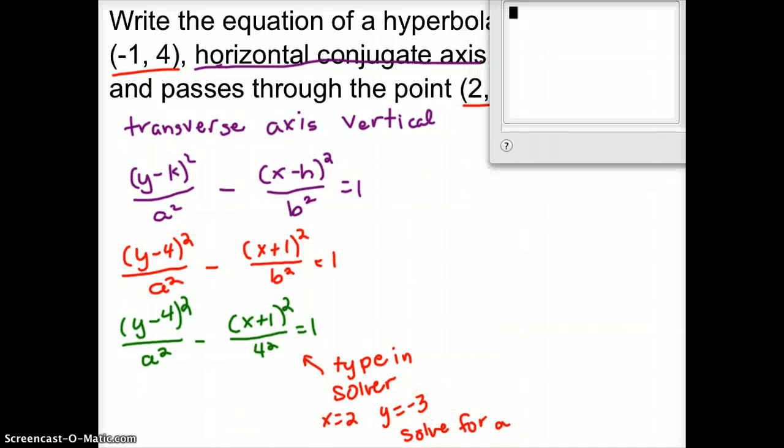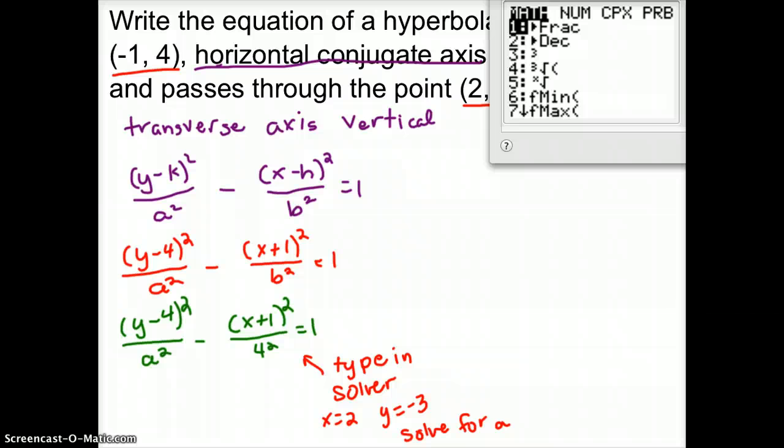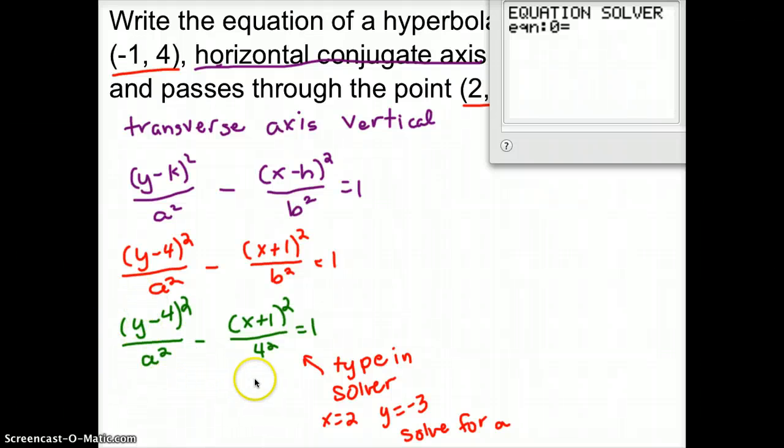Okay, so now we're ready to use our solver. Remember, it's in the math menu, and the last item is the solver. I'm just going to type in my equation I have right here in green.